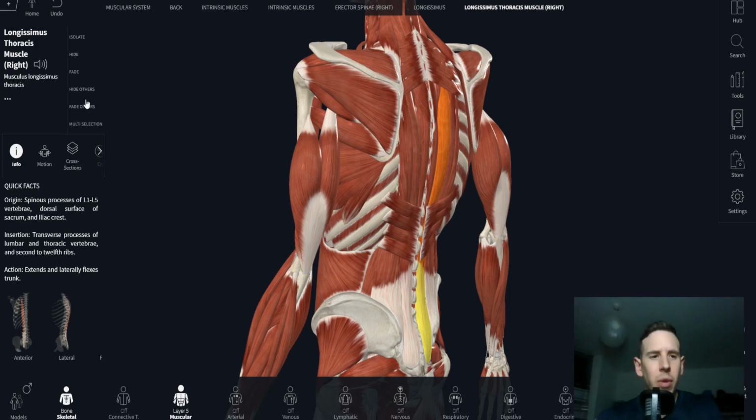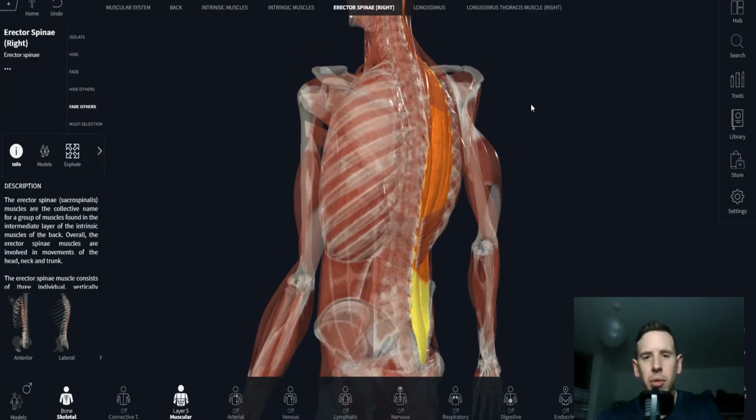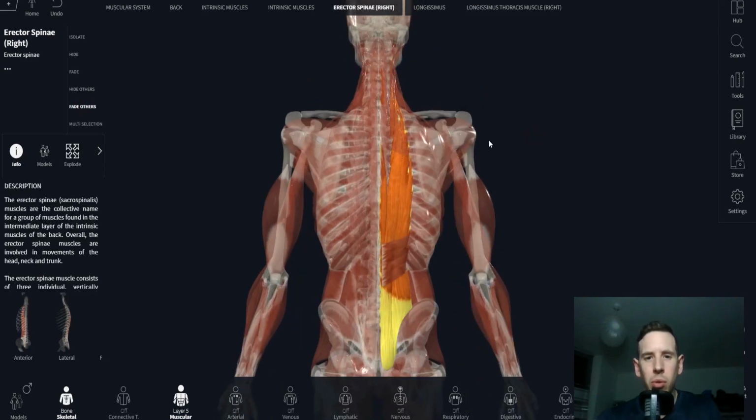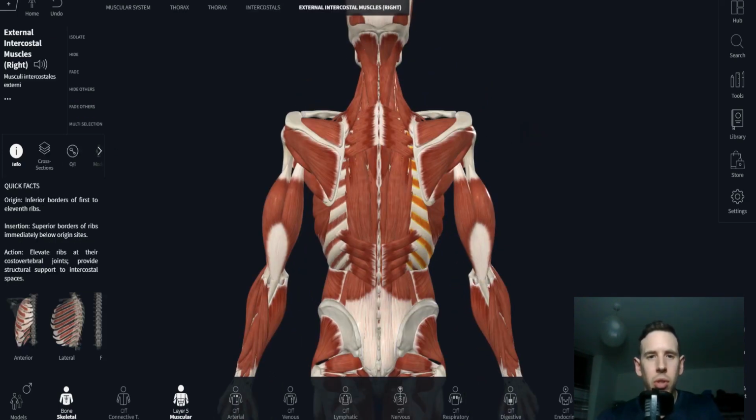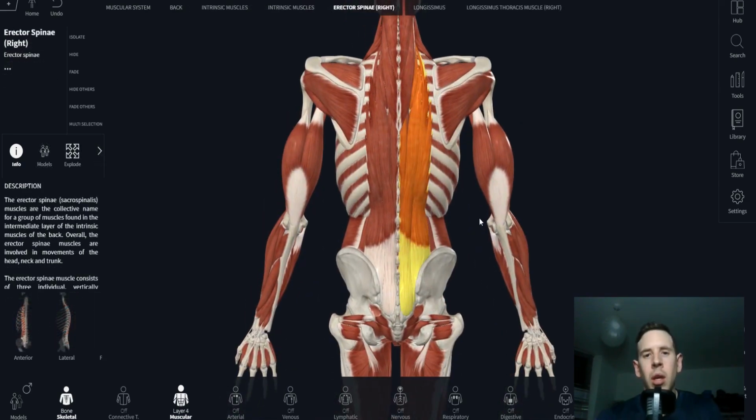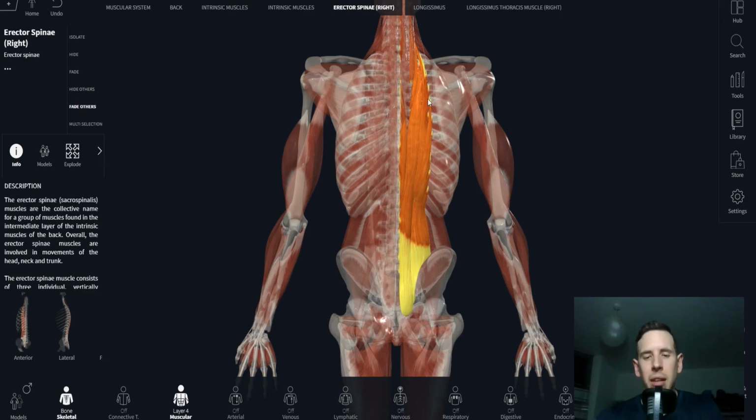But if we just fade the others here, let's go back on the erector spinae muscle, and if we zoom out, excuse me, you can see the length of where they run.